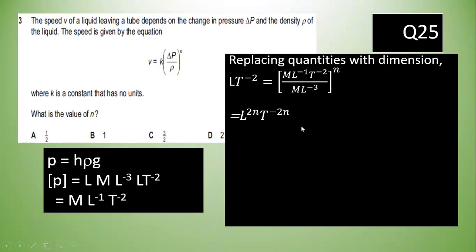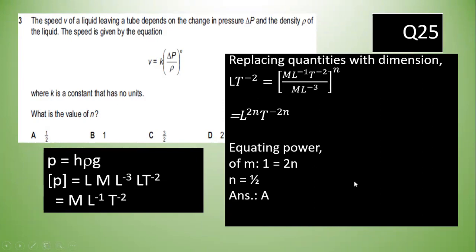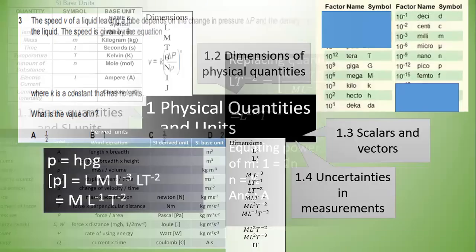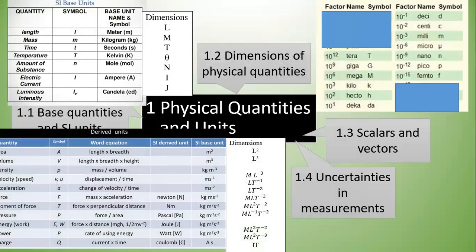Simplify it, get the same answer. Doesn't matter, whatever is convenient for you can use it. Remember that all these things you need to remember. So we will stop for today. Thank you for your time.